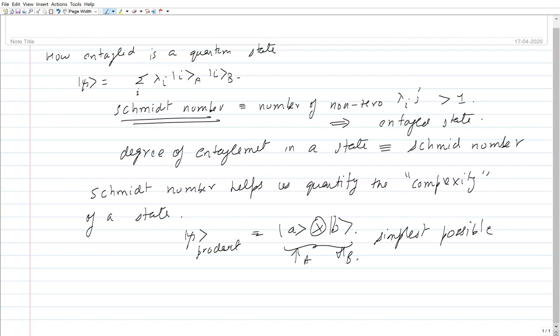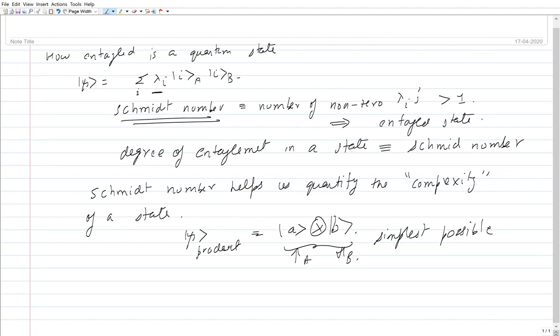And the more the Schmidt number is there in a Schmidt decomposition, we say the state is more complex. It is the furthest away from factoring that state.